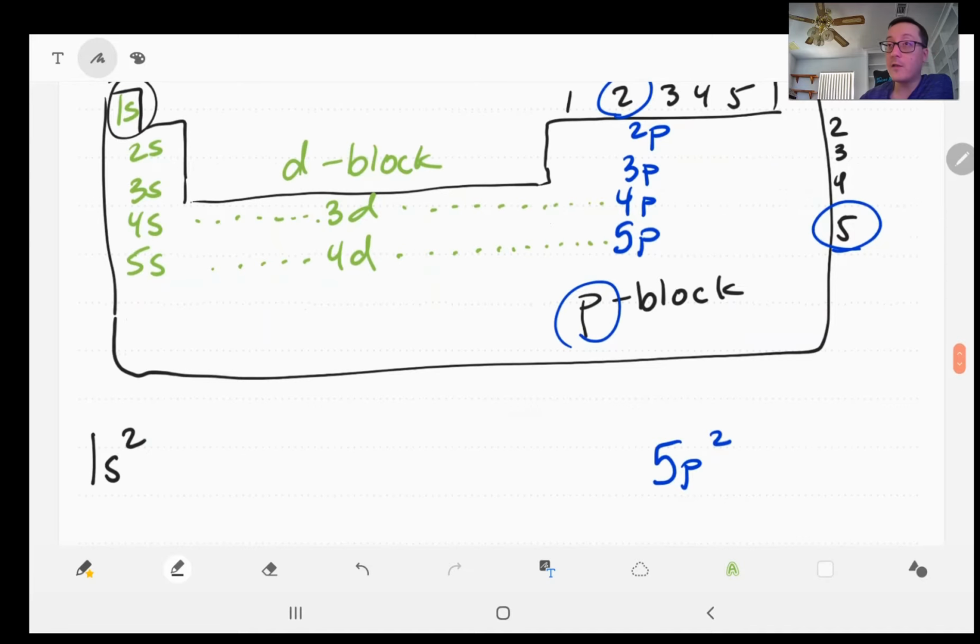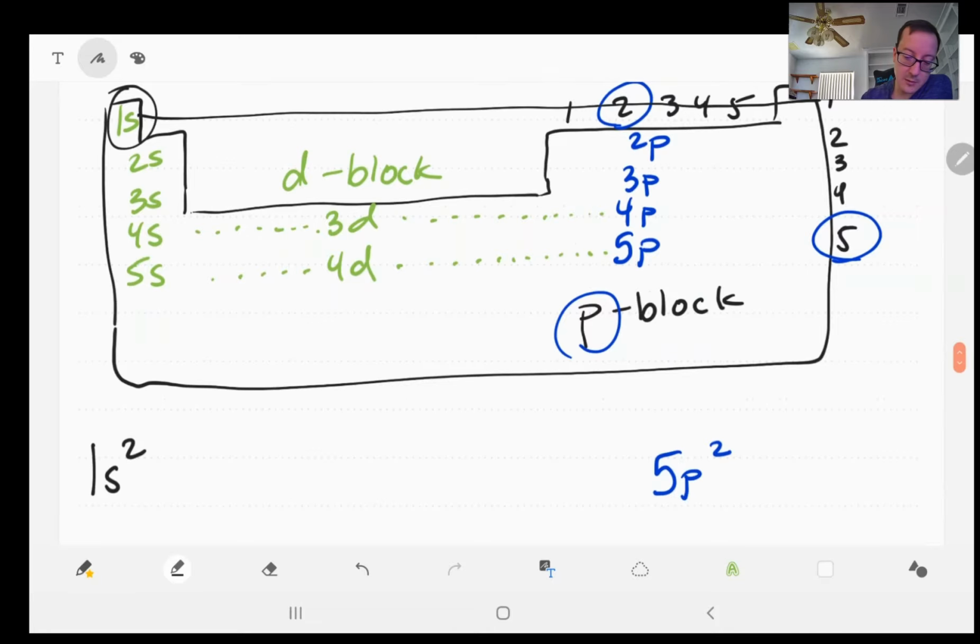We fill all of these always to their maximum capacity until we get to the end. I may need to erase that and move it over, we'll see how much space we have. So 1s gets us through helium. Now we're over here, so we go through 2s.